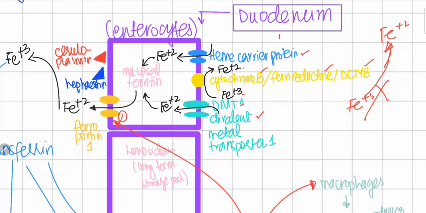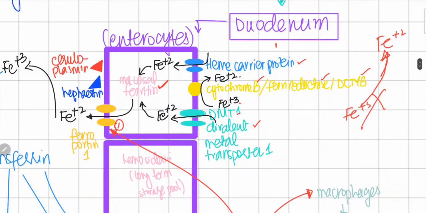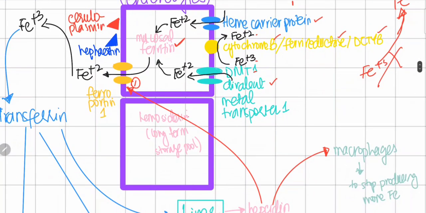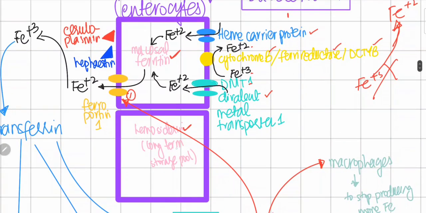And inside the enterocytes, now it can be stored. It can either be stored in the form of mucosal ferritin or hemosiderin. Ferritin is a short-term storage of iron, while hemosiderin is a long-term storage of the iron.